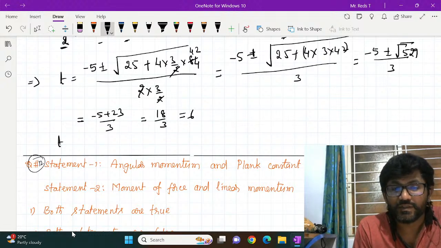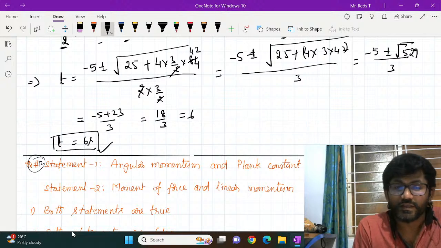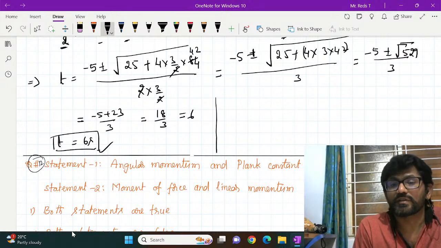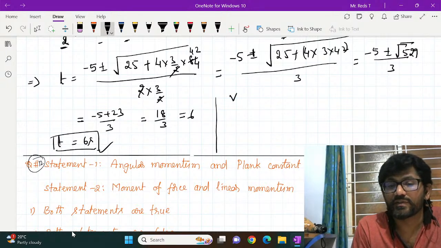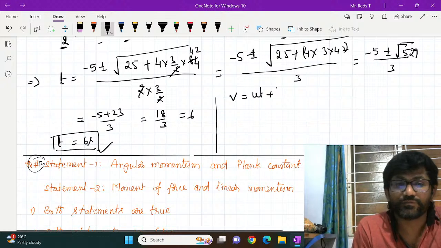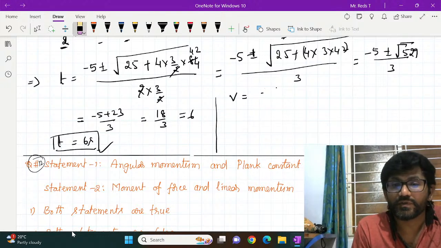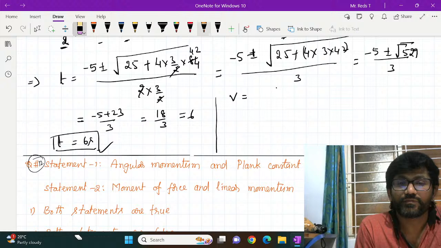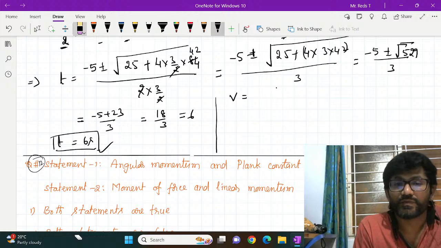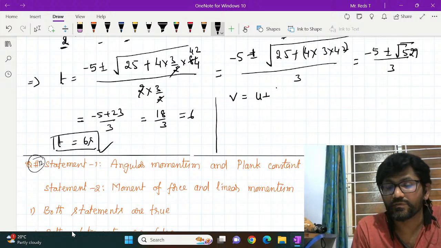So once you get t is equal to 6 seconds, t is in seconds, then by using the equation, you are asked to find the final velocity. v is equal to u plus at.